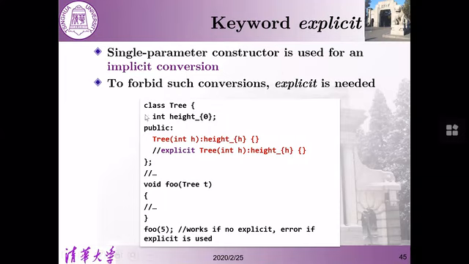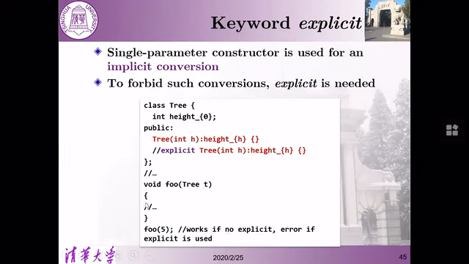For example, if you define a function like this, then you call it this way, putting an integer here. Because the constructor takes an integer parameter, the constructor will be used for implicit conversion from the integer to an object. So it works.